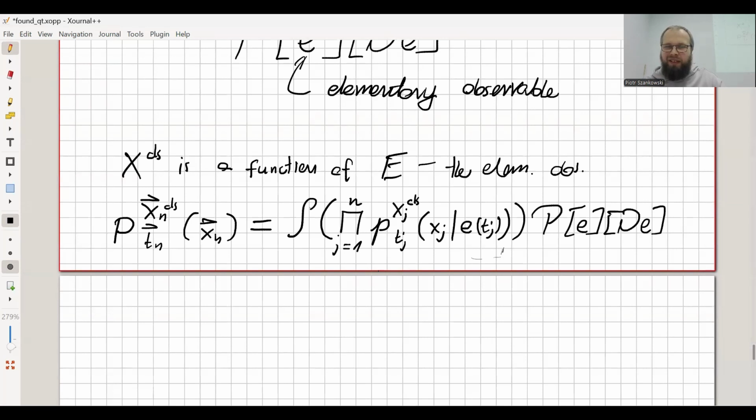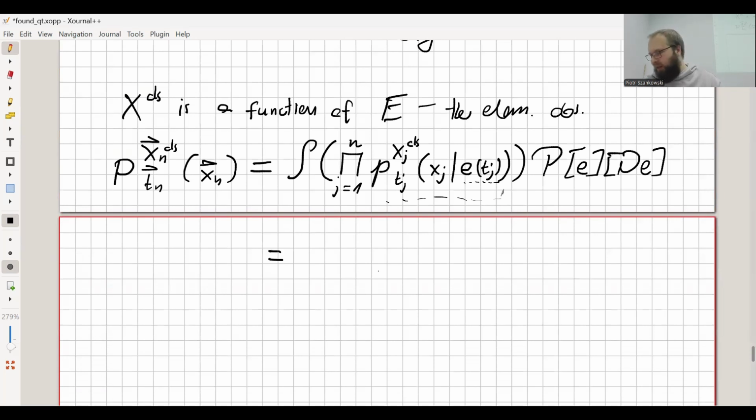So if x_j is a function of E, right, then the value of x at time t_j depends in some form on the value of E at that time, right? Then you can express it through a filter function, or this conditional probability, however you want to call it.